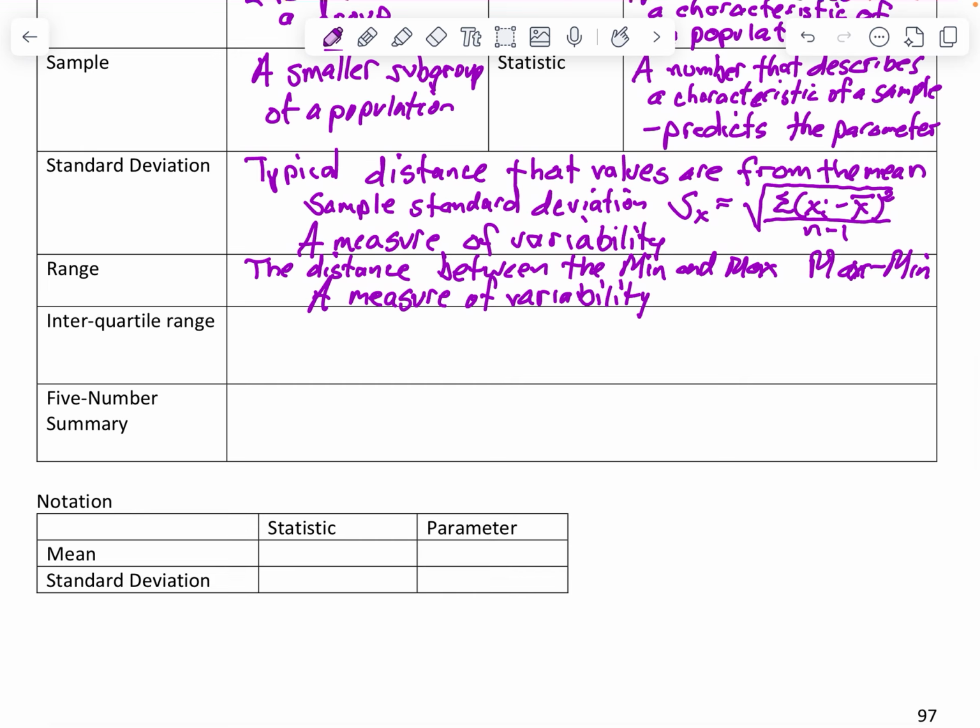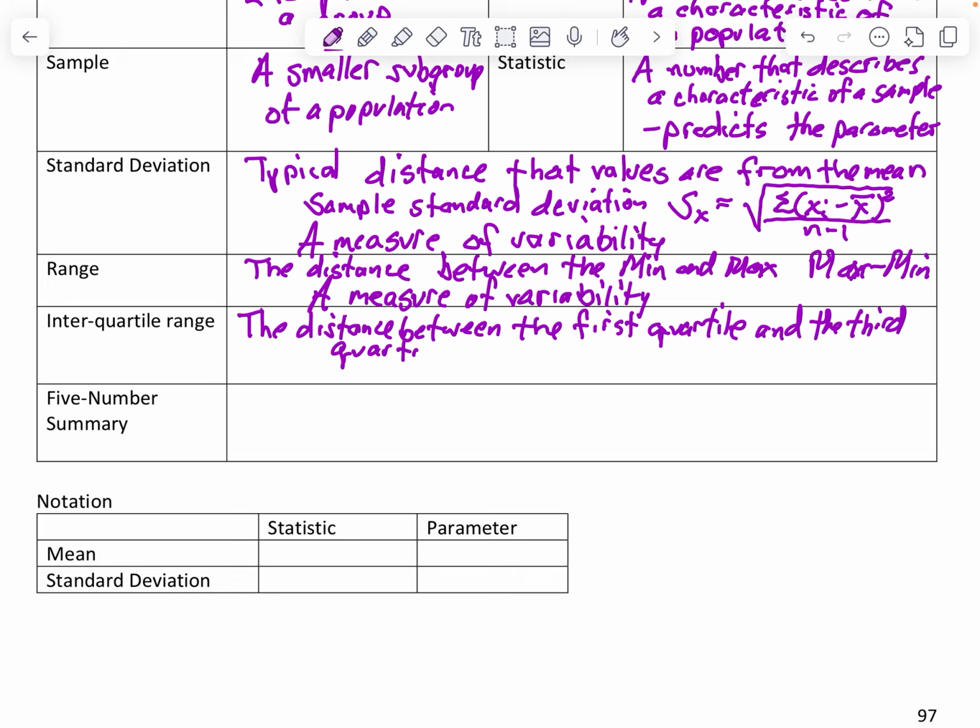This is the distance between the first quartile and the third quartile, so that would be Q3 minus Q1.